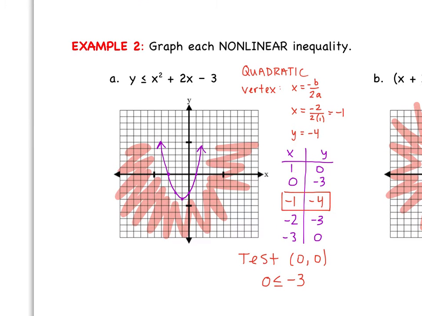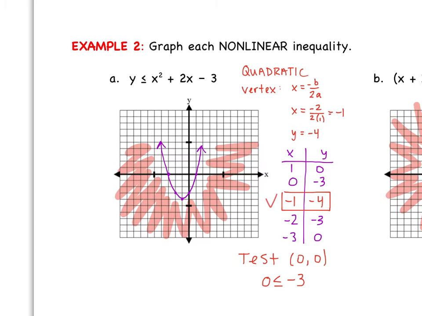Now what we do is put our vertex smack dab in the middle of our table and choose some points that surround it for our x values. Since x is negative 1 for our vertex, there's our vertex. I'm going to choose values that surround it: 0, 1, and negative 2, negative 3. When x goes to 0, this is a nice easy point, we're left with y being negative 3.